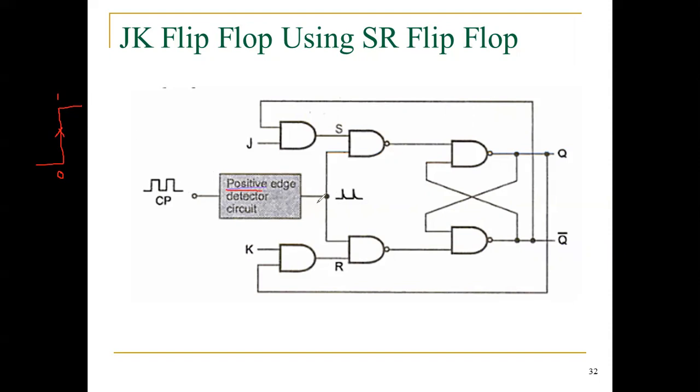In case my clock pulse transitions from 0 to 1, the clock input equals 1. In the other state, the clock input equals 0. The clock pulses are like this, a sequence of pulses continuously appearing at the clock input.